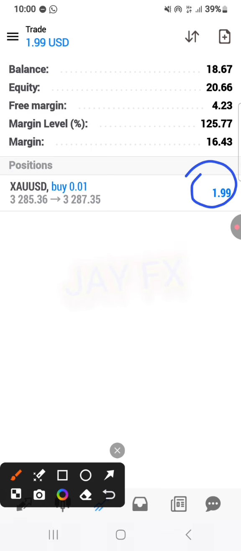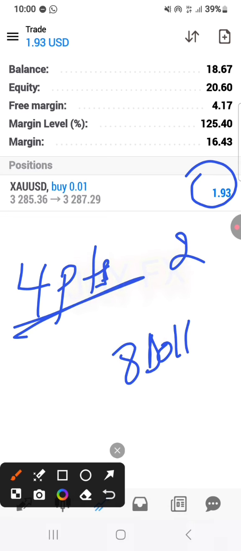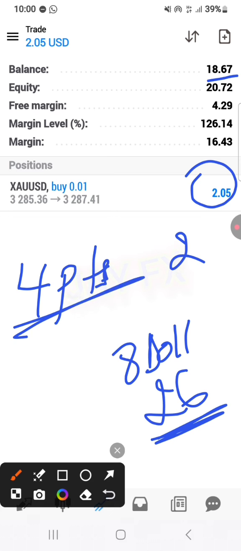Let's say we could have opened 4 positions, which means about $2 each, so by now we could have $8. So $8 plus 18 there, it could be 26.